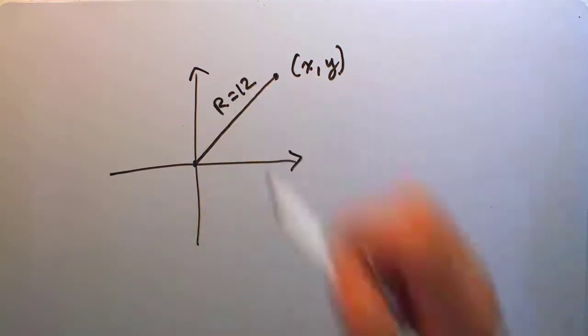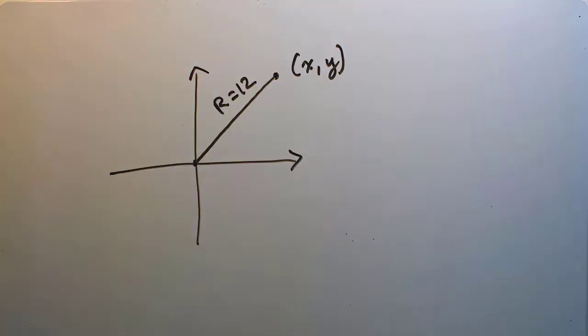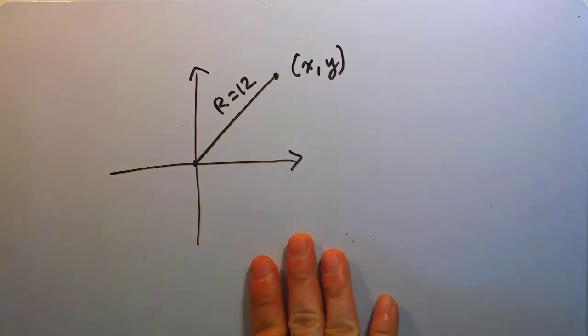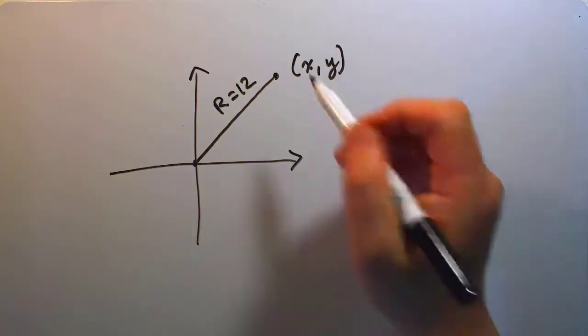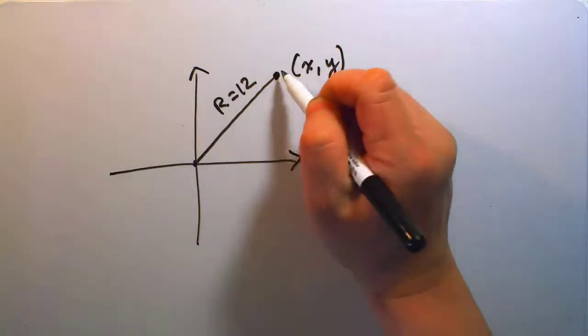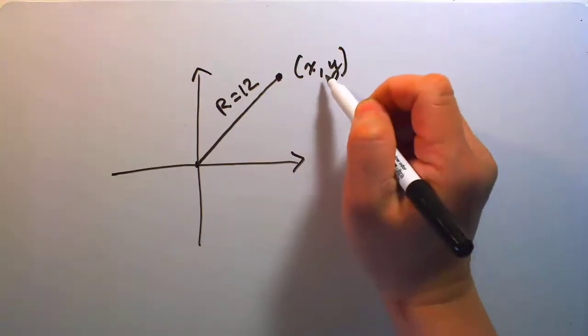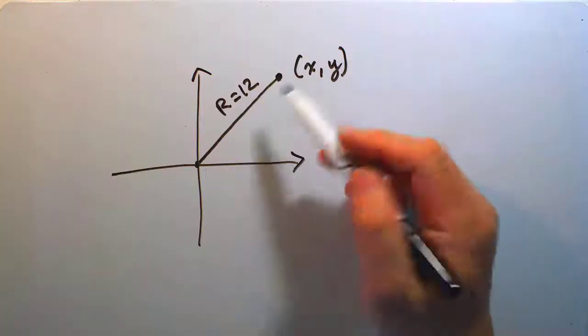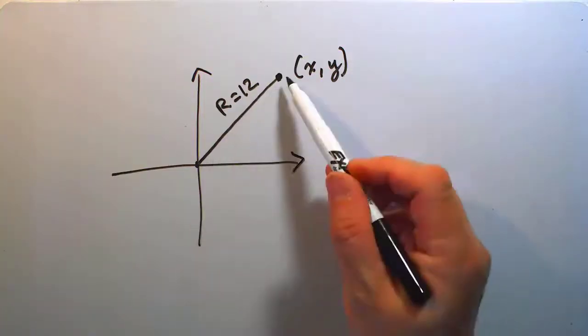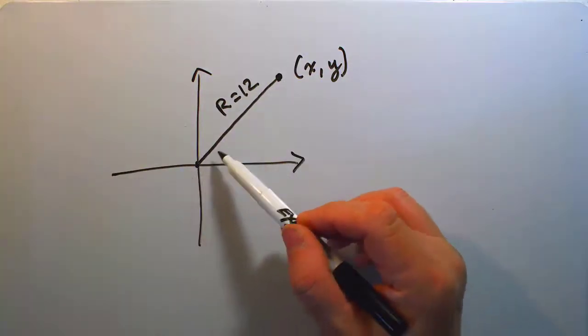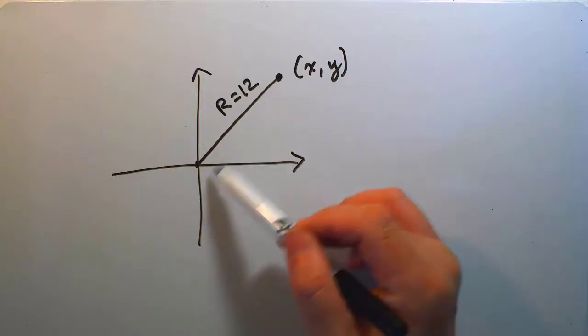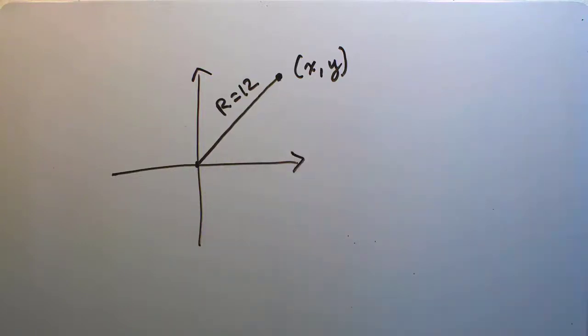I am not saying that this is the picture of our current problem, I'm just demonstrating what it means. Commonly, when you say there's a point in the coordinate plane making a radius 12 with the origin, that's the distance from the origin out to that point, or the length of the segment connecting the origin and the point.